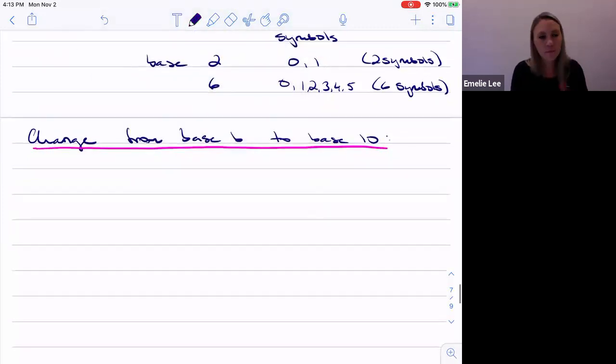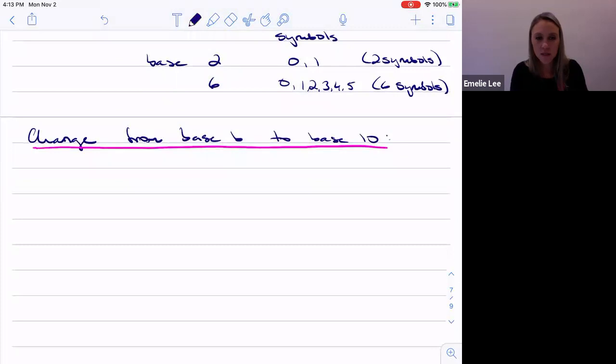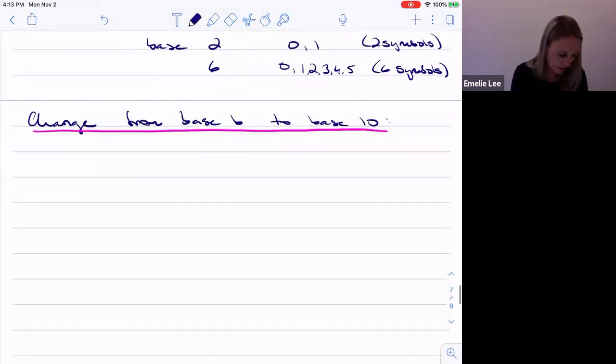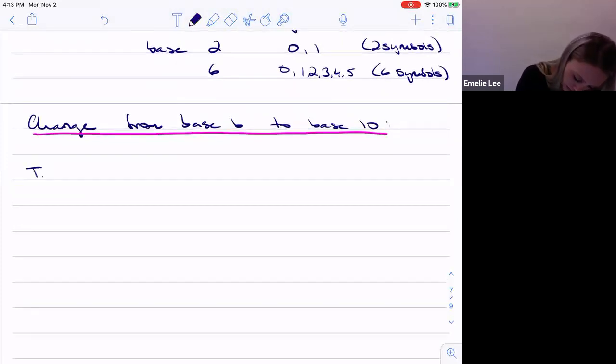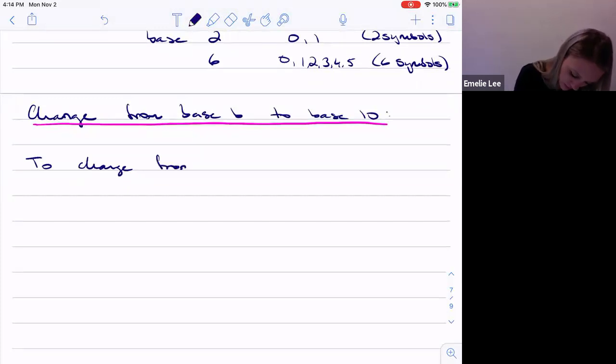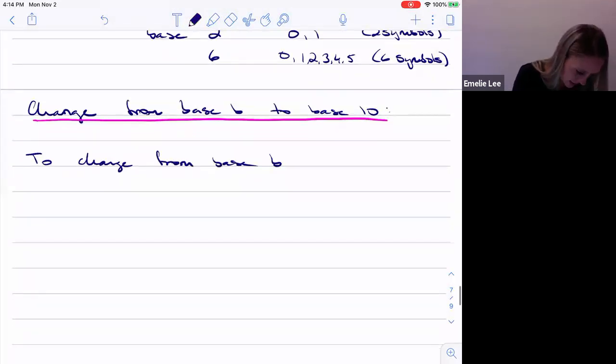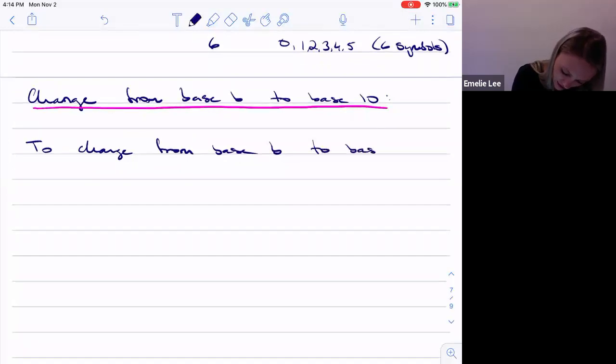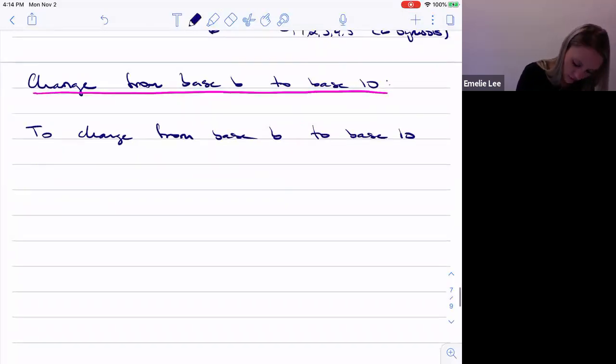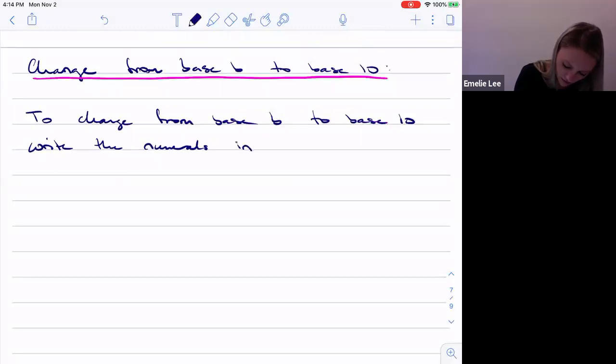All right. So we're moving from base B to base 10, and just as a heads up, we're going to have to move the other way in a little bit. But to change from base B to base 10, we write the numerals in expanded notation, just like we were doing before.